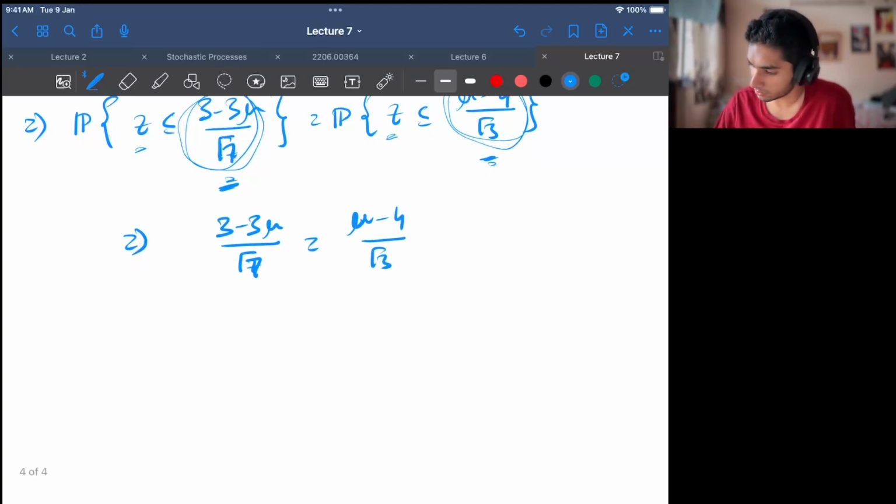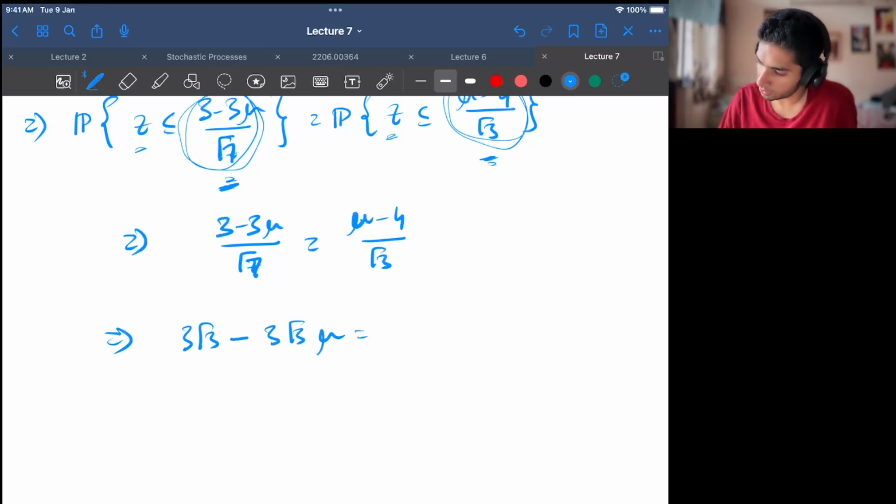Okay, now I have to do some calculation. So this is 3 root 3 minus 3 root 3 mu is equal to root 7 mu minus 4 root 7.